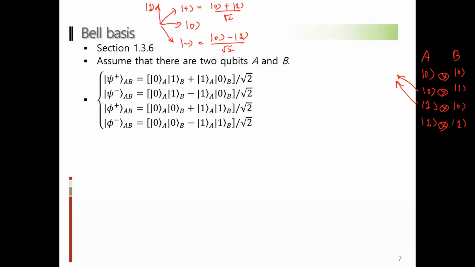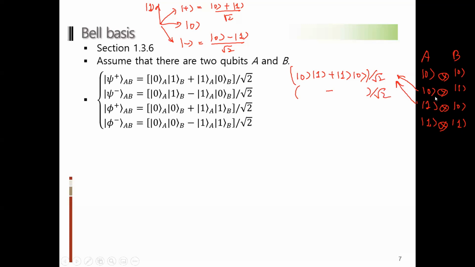One thing we can try is to add these things together, or we can subtract them. For this case, we also prefer to have the normalization.